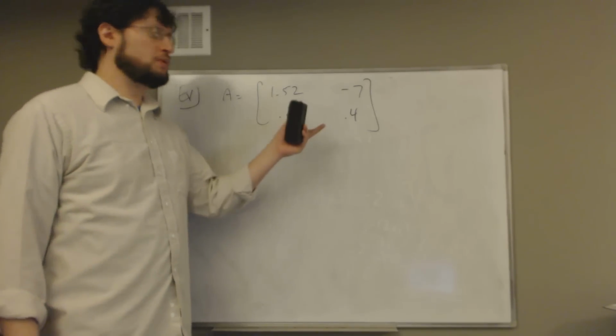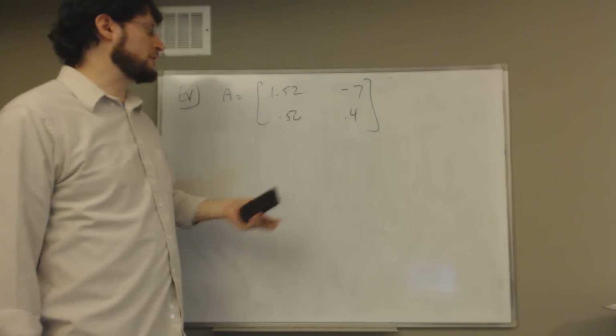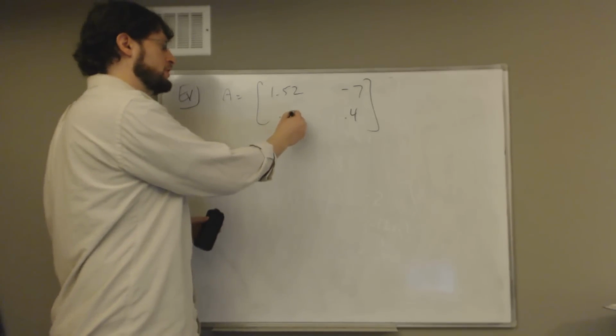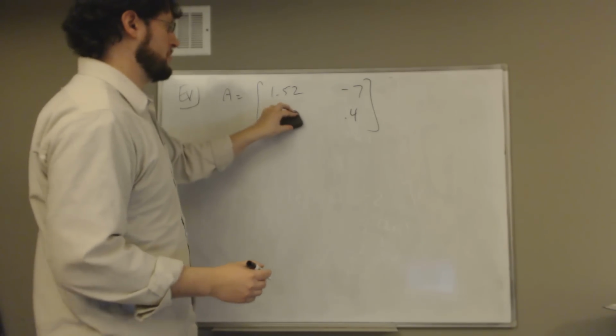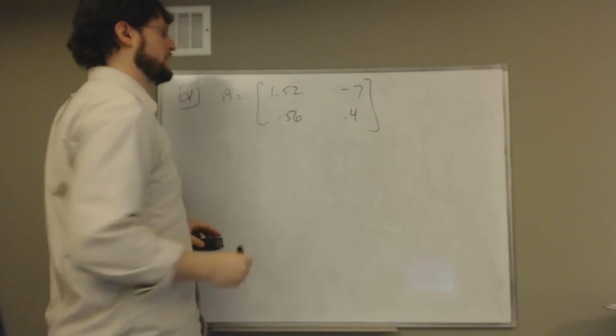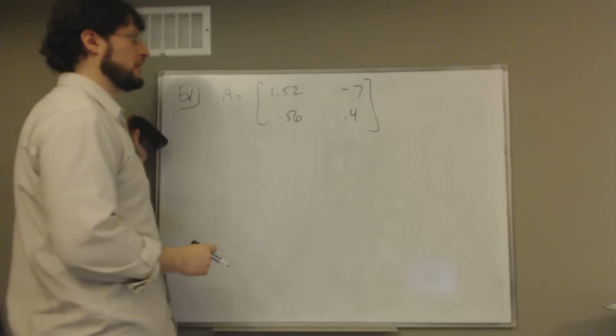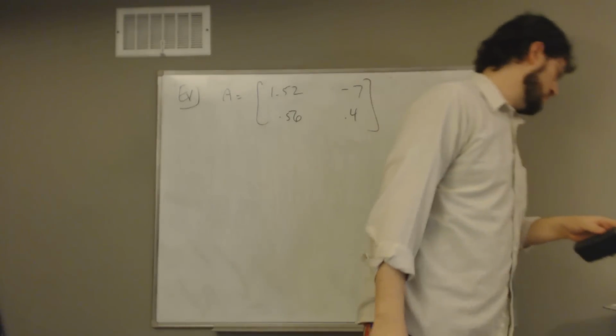All right, so we'll look at this one and ask the same types of questions. What are the eigenvectors and eigenvalues for this matrix? This matrix has some decimals in it, but we're going to work with it exactly the same as before. So this should be a 0.7.